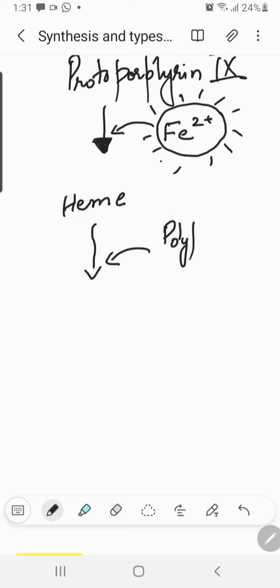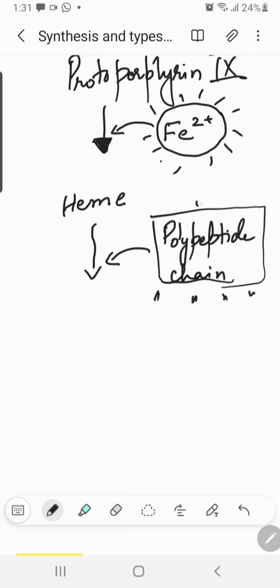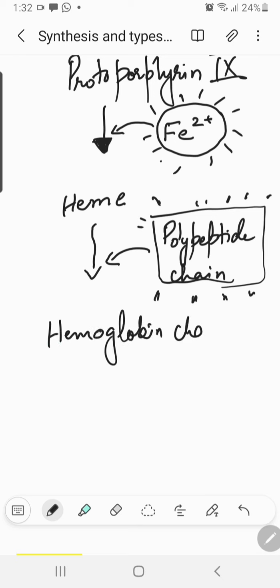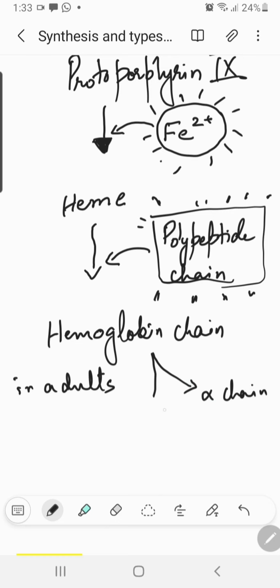Now the heme molecule combines with a polypeptide chain, and depending on the type of the chain that combines with it, a hemoglobin chain is formed. This hemoglobin chain in adults can be of two major types: one is the alpha chain and the other is the beta chain.